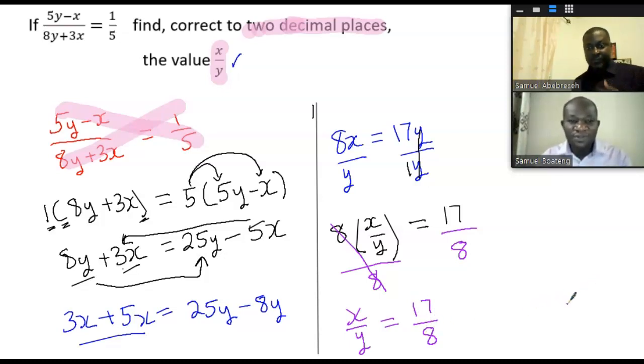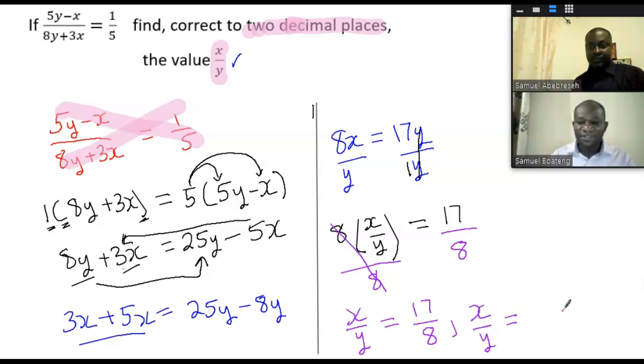Remember, you were asked to correct your answer to 2 decimal places. Even though you have x on y as 17 on 8, some can stop here. When you stop here, you lose some marks. So we need to convert this 17 on 8 to decimal. You can use your calculator.